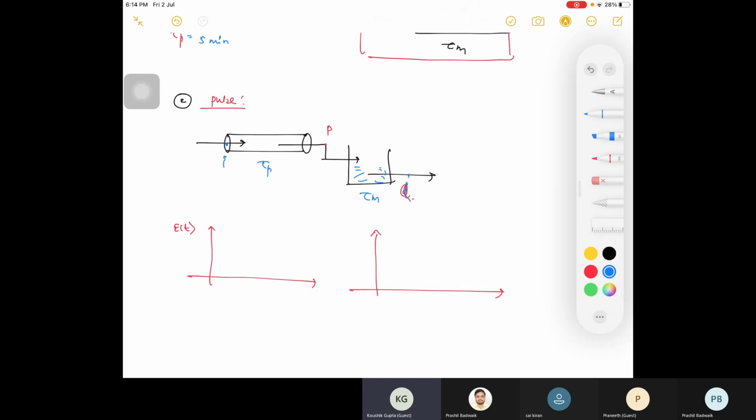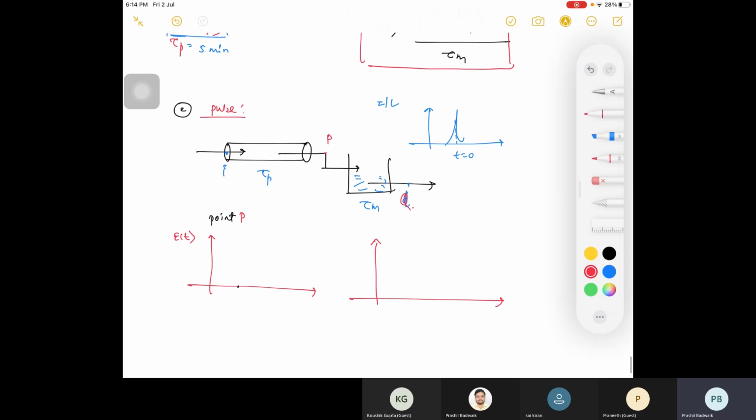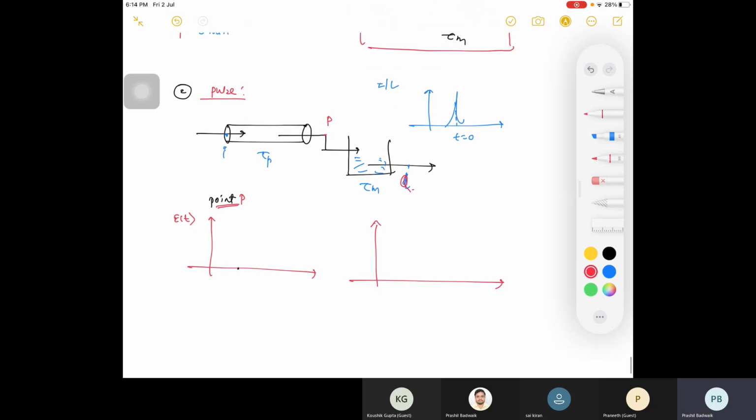Okay. I think I should draw your inlet profile first. This is your inlet at time t equal to 0. So you will be having the same profile after time tau P. So at point P, please mention, right?